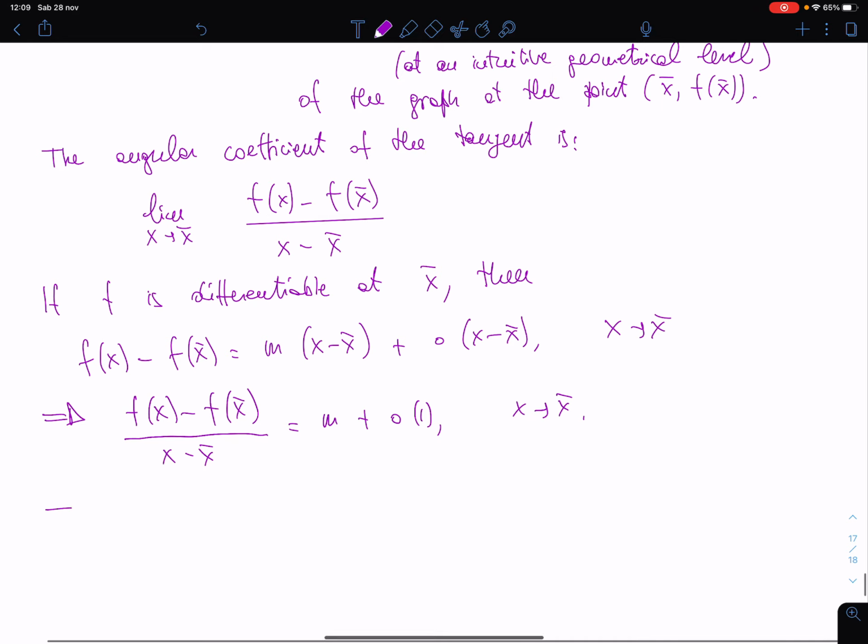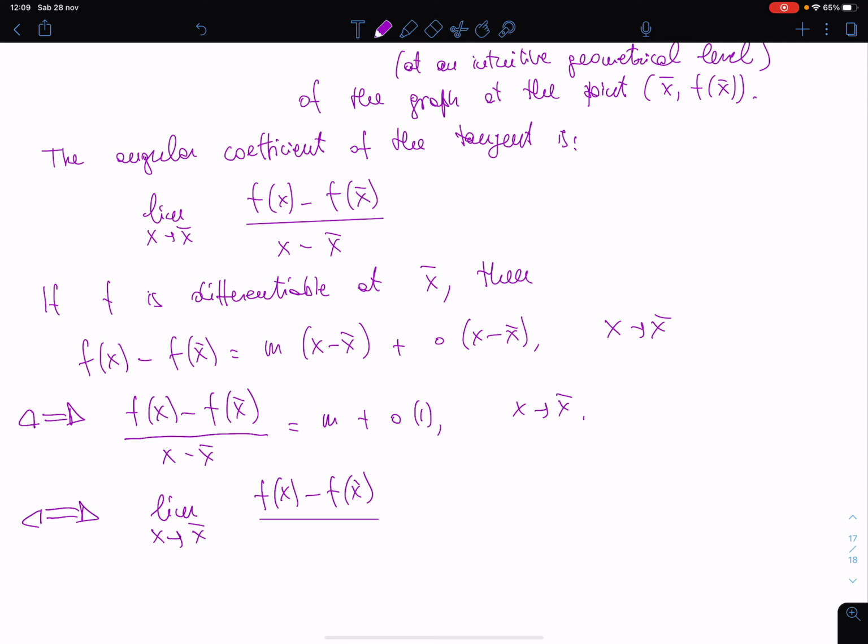And this means, exactly this means, is equivalent, these all are equivalents. This is equivalent to saying that the limit for x going to x bar of f of x minus f of x bar divided by x minus x bar is equal to m.